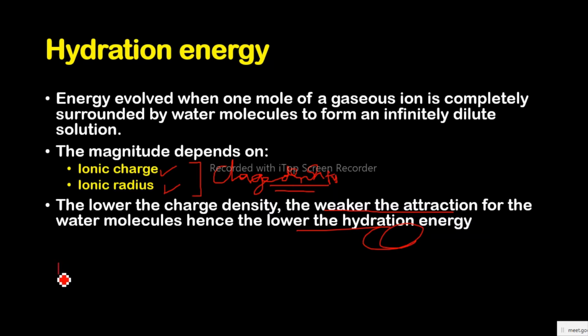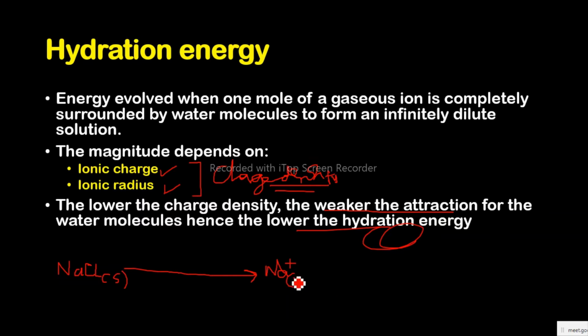Assuming I have my crystal lattice, let me use the common salt, the one that you dissolve when you are going to eat. You get your sodium chloride, which is an ionic salt. You dissolve it in water, and it is able to dissolve. And how is it going to dissolve? By dissociating into ions.